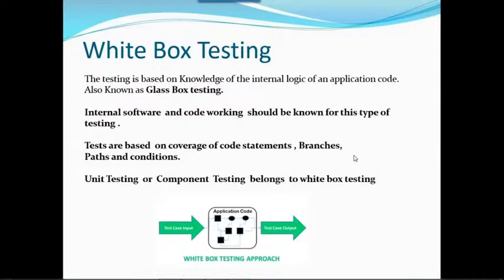This is one of the most important interview questions, guys: what is structural testing, what is white box testing, or what is unit level testing. Unit level testing is always done by the developer because they know the internal logic of the code. Before sending it to QA, they need to check at least once whether the code is working properly. That's the reason we call it white box testing.